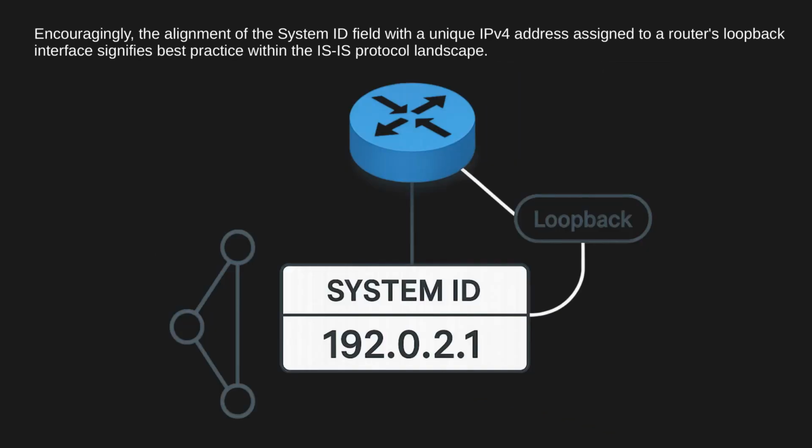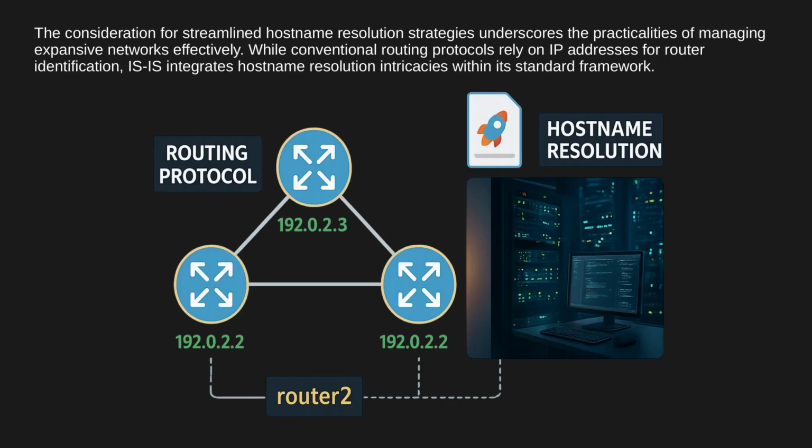Aligning the system ID field with a unique IPv4 address assigned to a router's loopback interface signifies best practice within the ISIS protocol landscape. The consideration for streamlined hostname resolution strategies underscores the practicalities of managing expansive networks effectively.